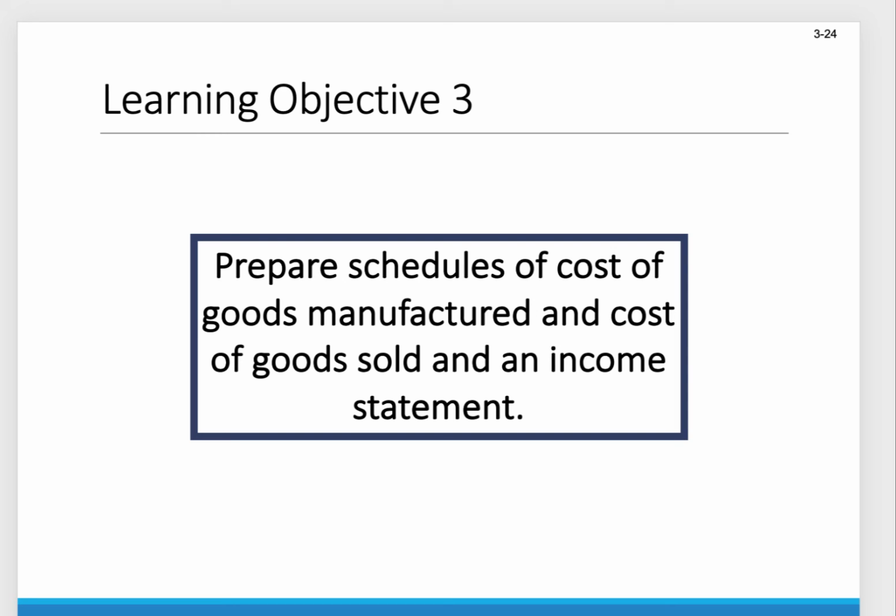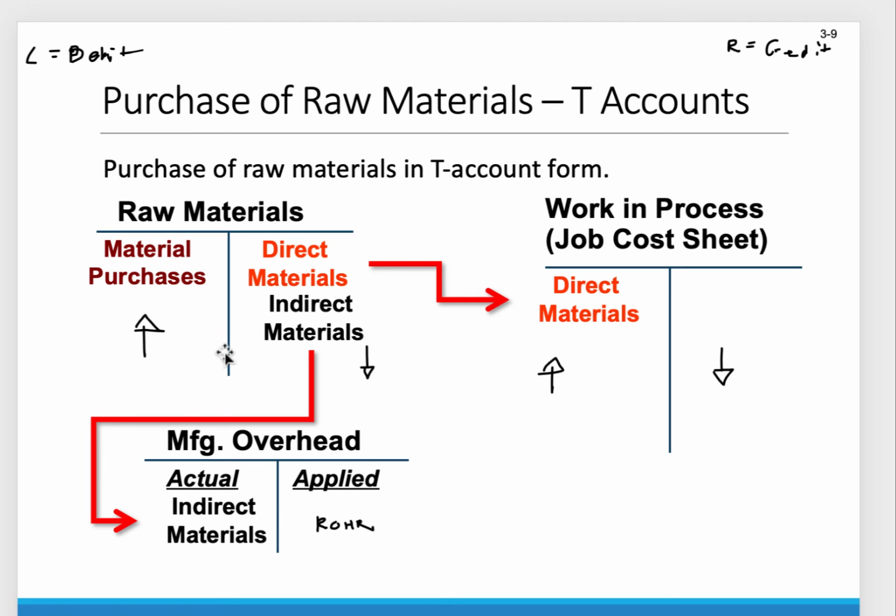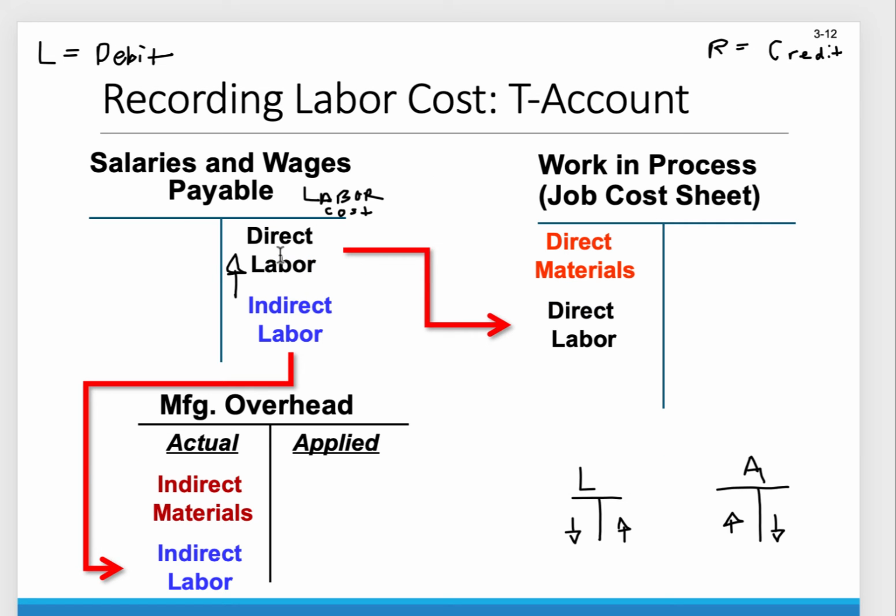Okay, right now you've got to be able to understand first conceptually how the costs flow, right? Meaning, how do raw materials flow? Where do they flow to? Labor costs, where do they flow to?